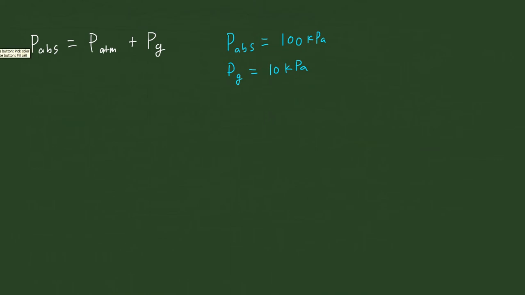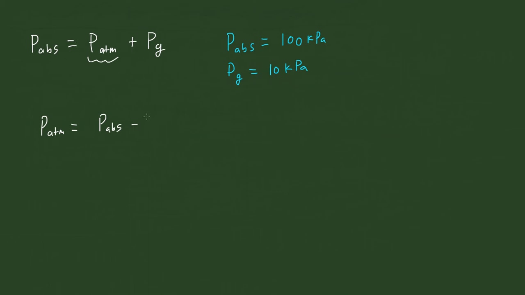So if we just apply the equation and we solve for the atmospheric pressure, we'll see that the atmospheric pressure is going to be equal to the absolute pressure minus, right, because we subtract the gauge pressure from both sides. This cancels out. We're left with the atmospheric pressure on the left here.